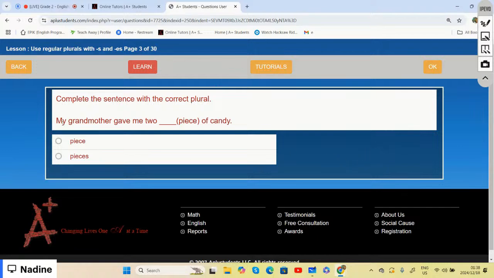The next one says, my grandmother gave me two piece, option one, or two pieces, option two, of candy.